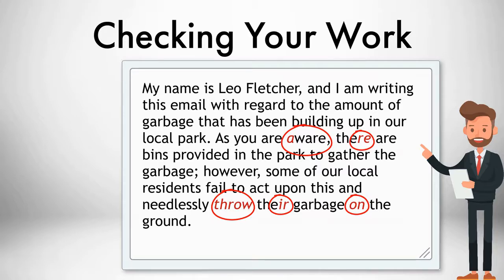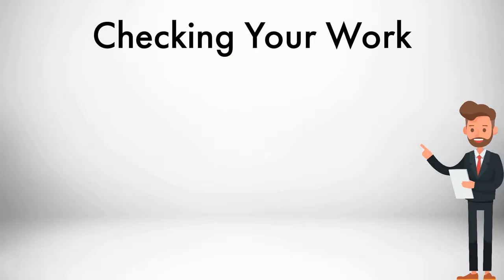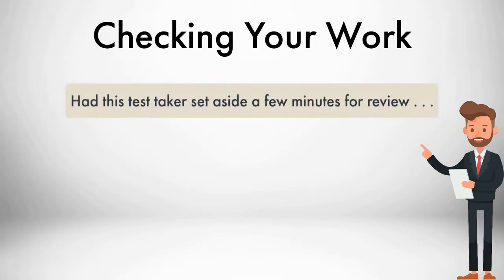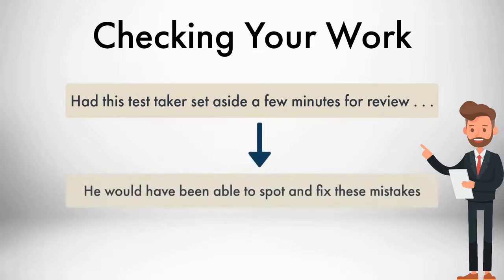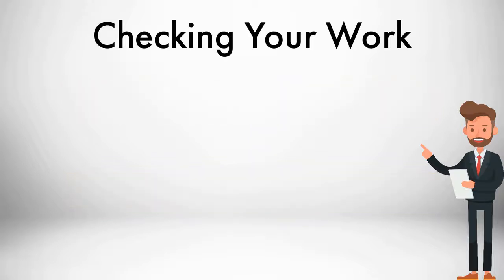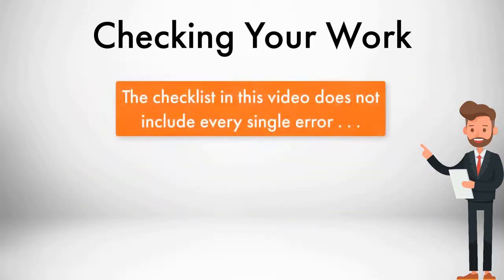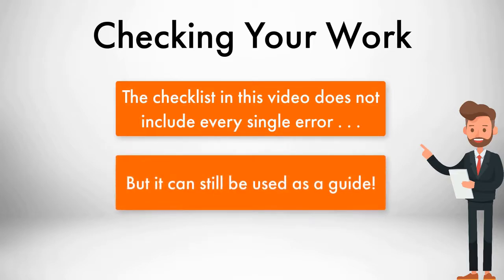So as you can see, even a high-level response can include various errors. But had this test taker set aside a few minutes for review, he likely would have been able to spot and fix these mistakes. Again, keep in mind that the checklist in this video does not include every single error to check for, but it can still be used as a guide.